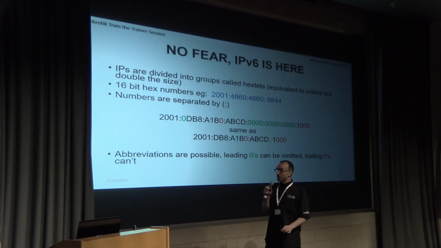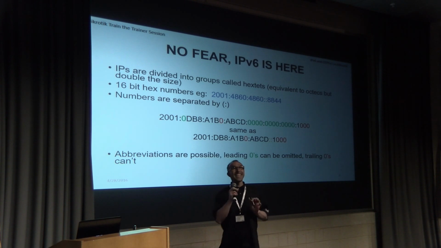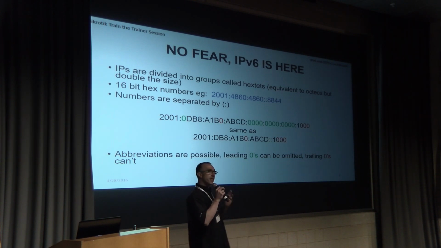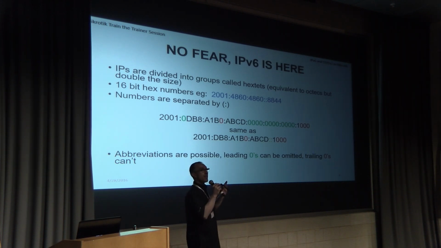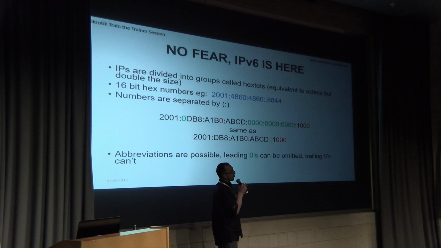You can also remove leading zeros. When you have zeros to the left of your address, you can remove that. Yeah, some of us have sometimes felt like a zero to the left of something. Yeah, they can be removed. But not doing that with the zeros to the right, because that would be a no-no.